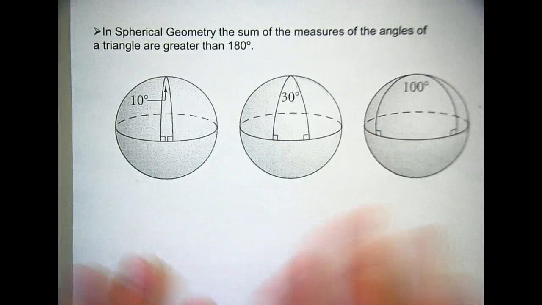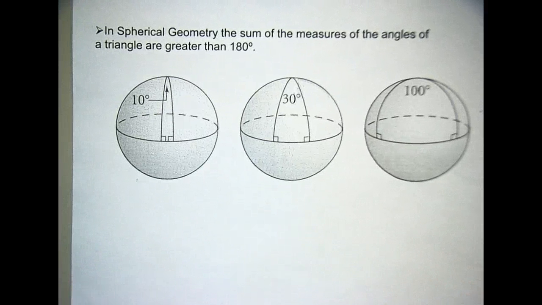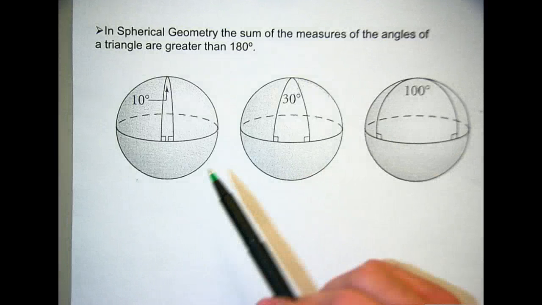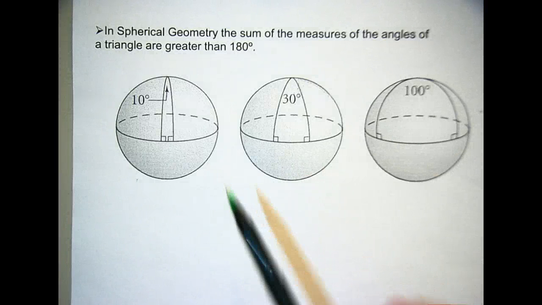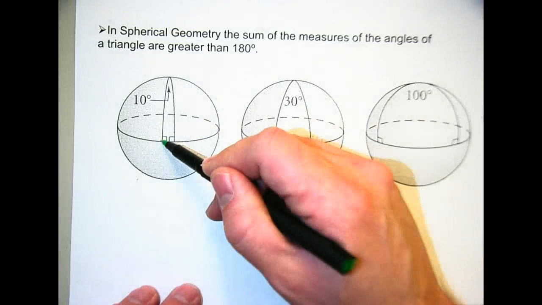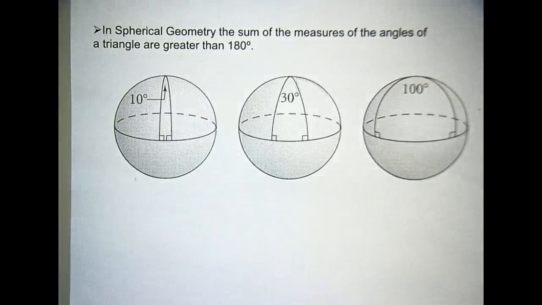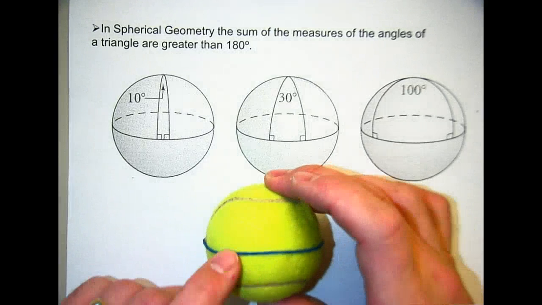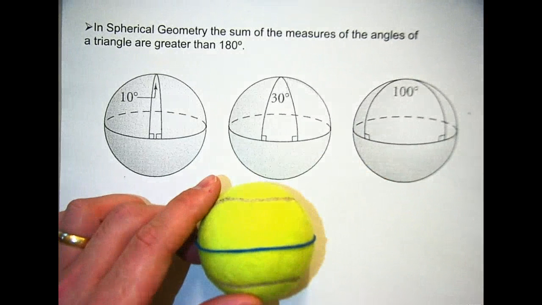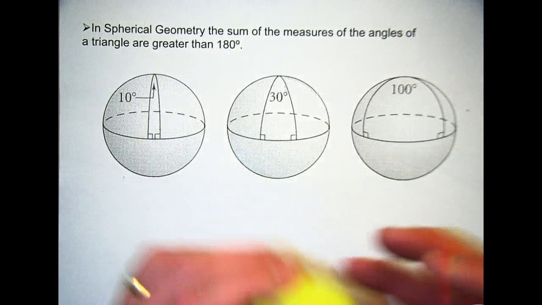A little different. In spherical geometry, the sum of the measures of the angles of a triangle is greater than 180. The way you make a triangle in spherical geometry is you take your great circle and intersect that great circle with two other great circles.